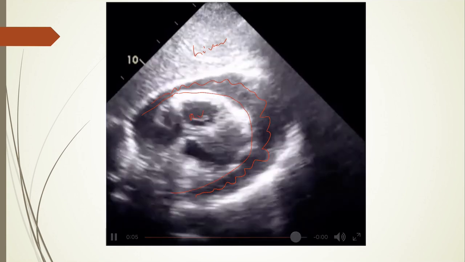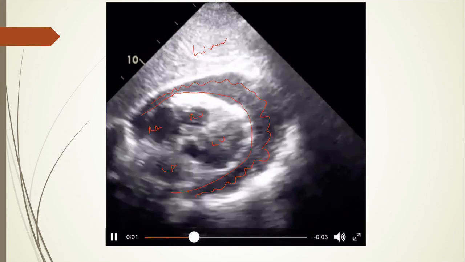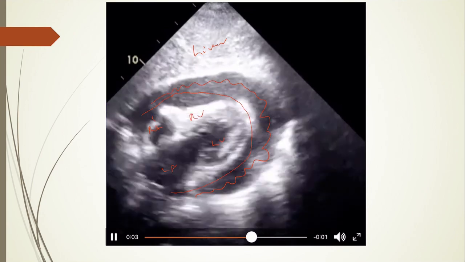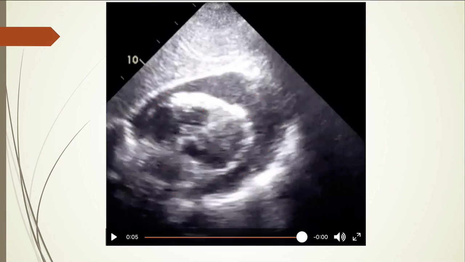And if you look at the RV, we mark it, LV, left atrium, right atrium. Play it again here. You can see here and here the collapse. Let me get rid of most of those markings. So play it again.